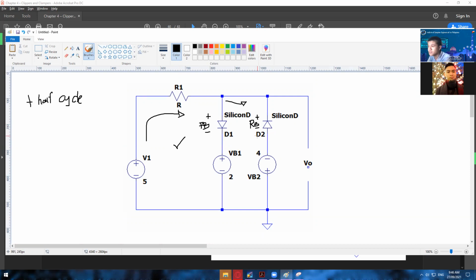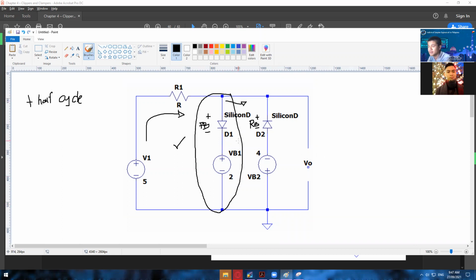So as a result, supposedly, if there is only one and it's a reverse bias connection, our 5 volts will flow on this VO. But that is not the case in here. Once we have a forward bias connection on this side, and the other one is reverse bias, our reading of VO will be on this forward bias connection only.